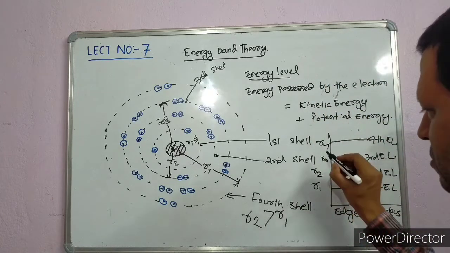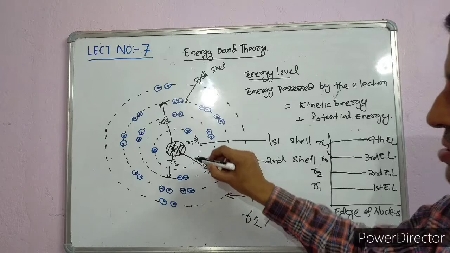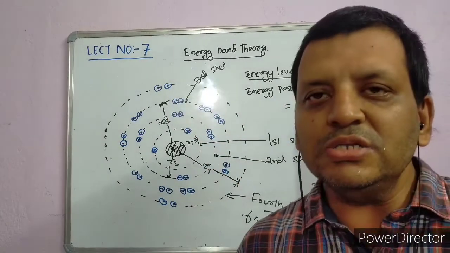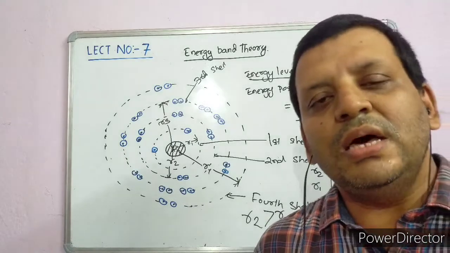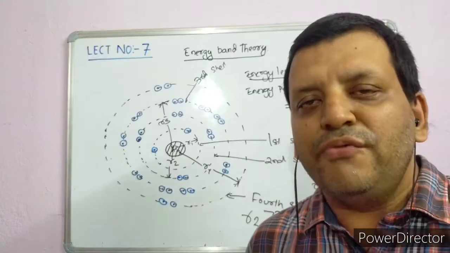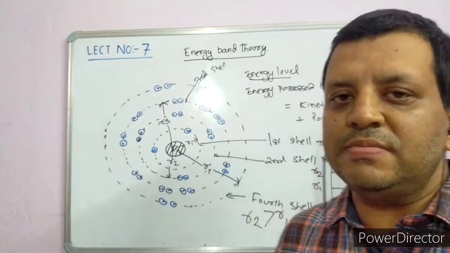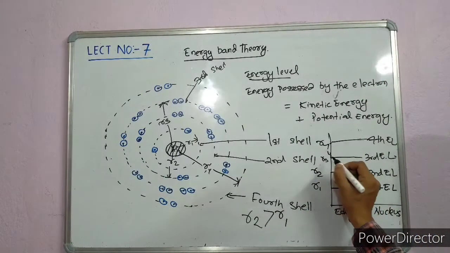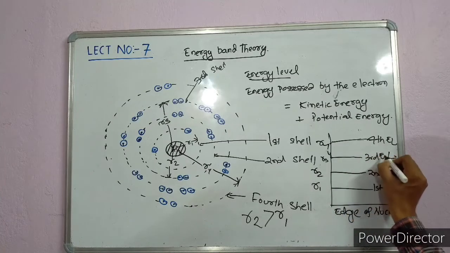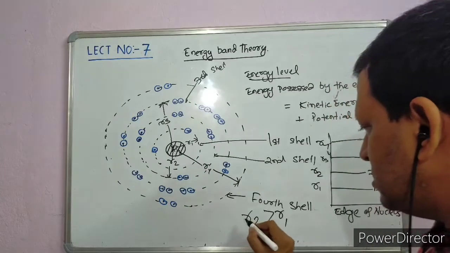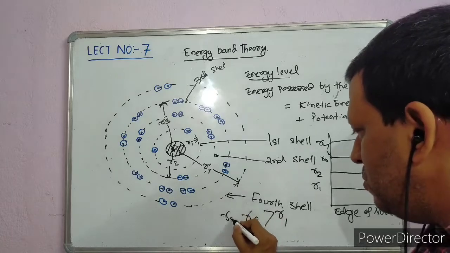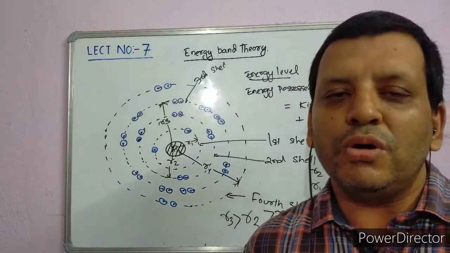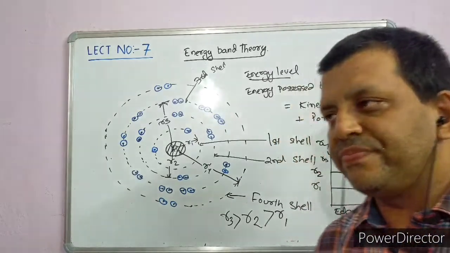Similarly, at the r3 distance, our third cell, the electrons have energy more than that of the second cell. That is why we get this third energy level. Because r3 is greater than r2, the third energy level is more than the second energy level.